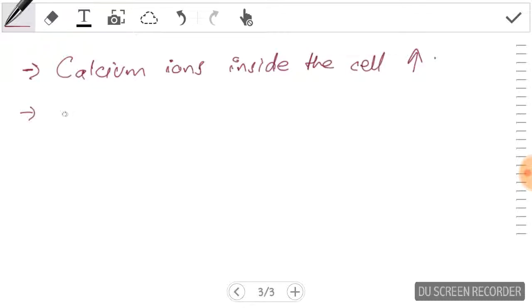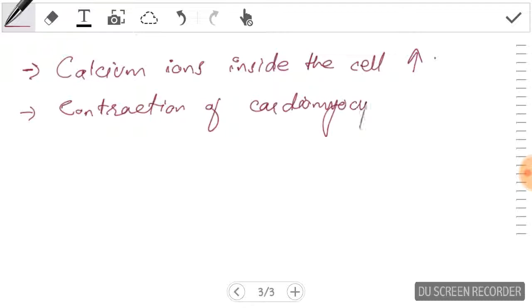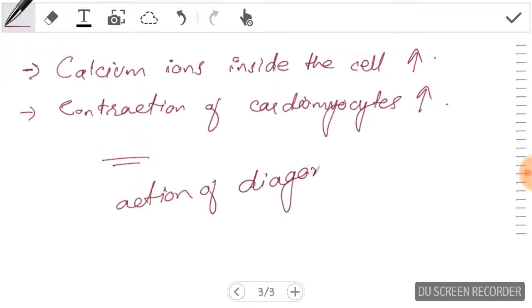Due to this, the contraction of cardiomyocytes will increase. So this is the action of digoxin, that it increases the muscle contraction.